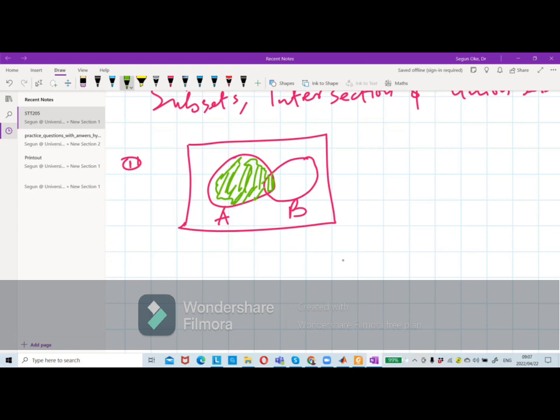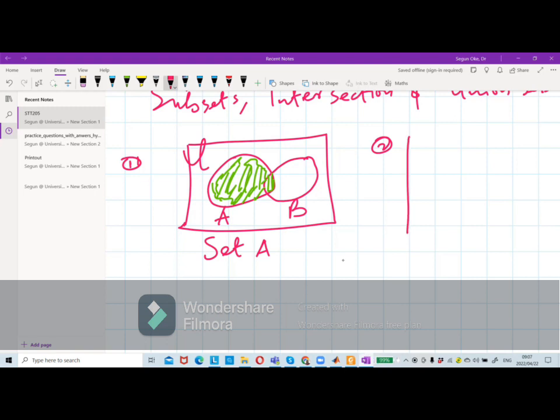Then we have our universal set here. This is our universal set, the entire set. This simply means where the shaded part is called set A.